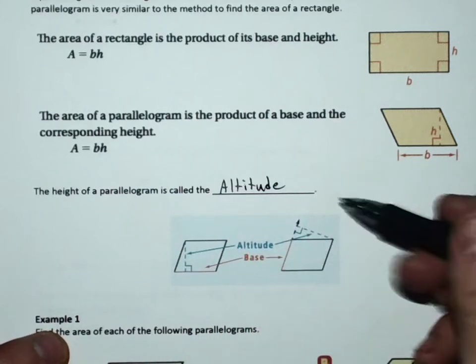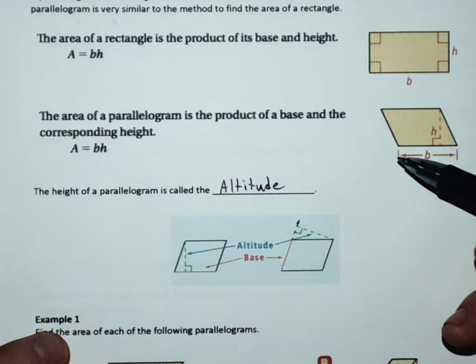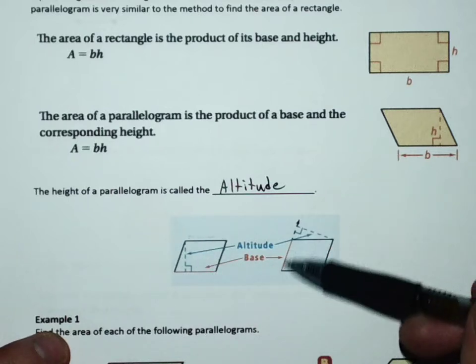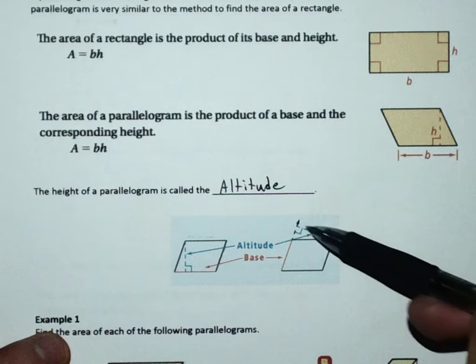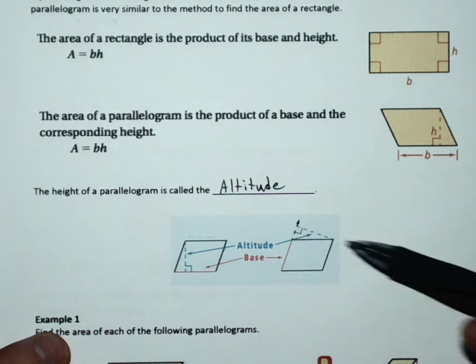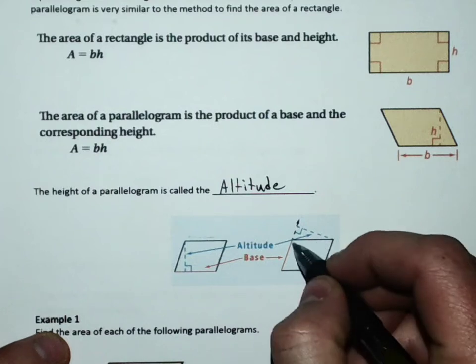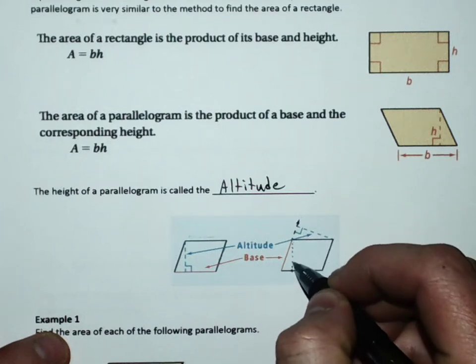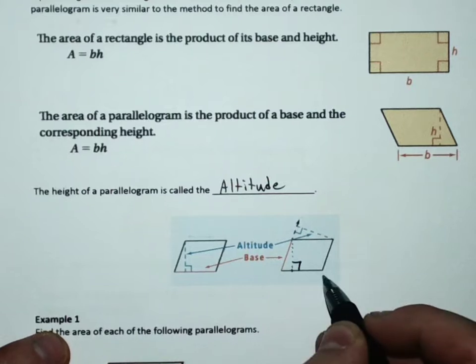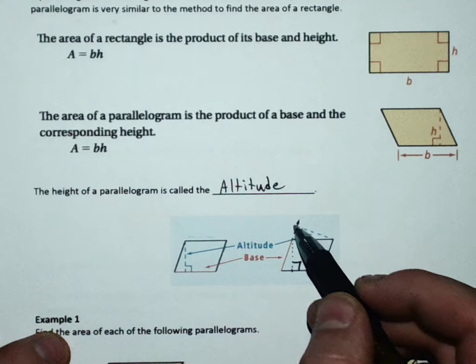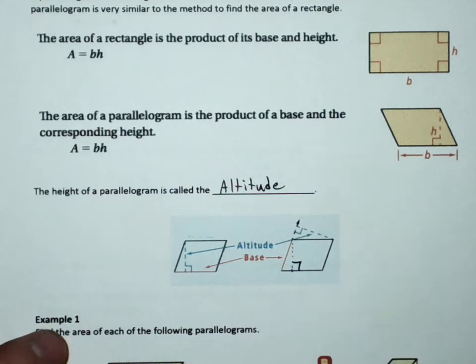This altitude can either be found by going inside of the parallelogram, or you could extend the base and have the altitude go outside the parallelogram. But regardless of whether you come perpendicularly down and call this the base, or call this the base and go outside of it, that's the altitude.